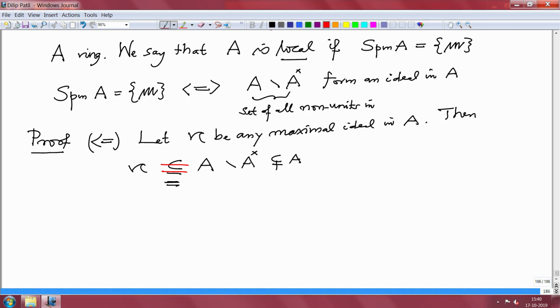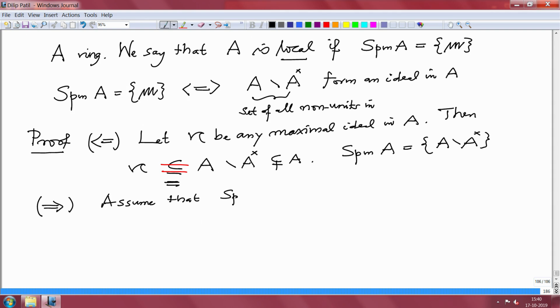So then SPM A is nothing but only the ideal A minus A cross. So, it is singleton. Conversely, I claim, look at this. Now we assume that SPM A is singleton.